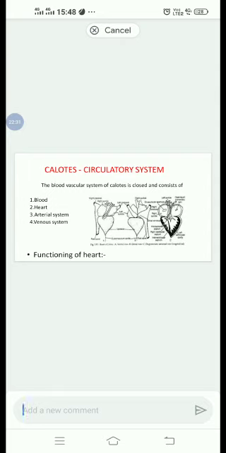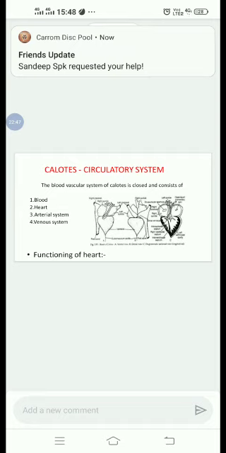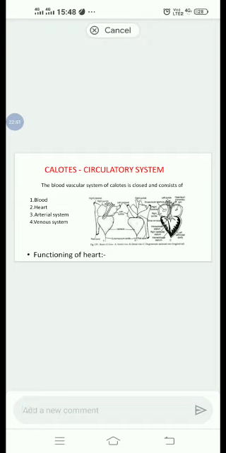The two systemics arise independently from the cavum dorsale of the ventricle. The pulmonary arch arises ventrally from the cavum pulmonale.